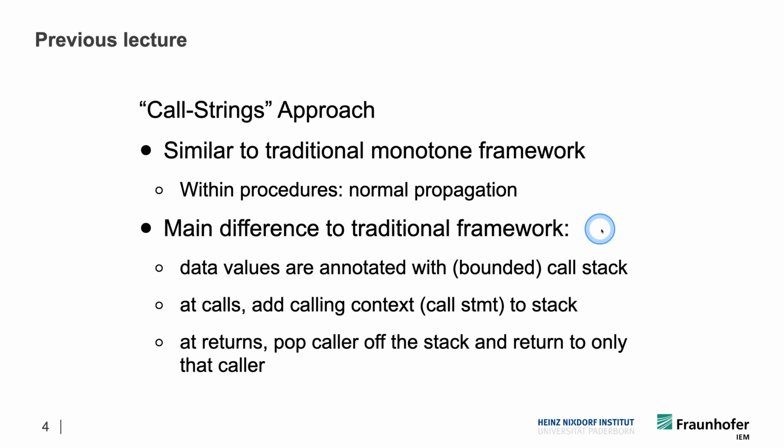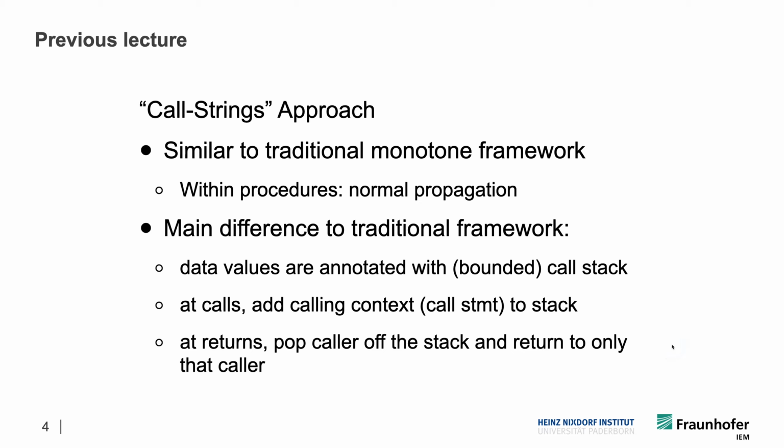But the main difference to this traditional monotone framework was that this time the data flow values are annotated with call stacks, and we discussed that these call stacks need to be bounded. Then at calls, we're basically extending the stack. So we're adding calling context information to it. And then at returns, we are popping the caller off the stack.